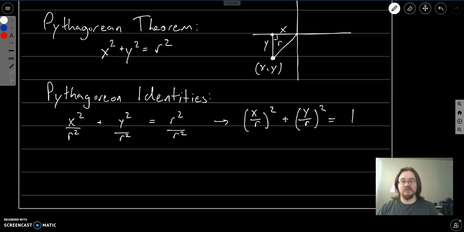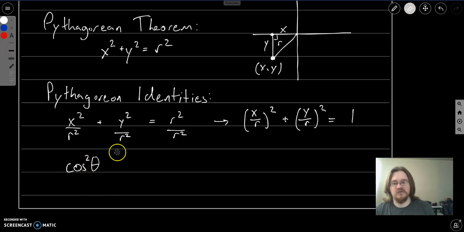And now things will start to fall into place, because x divided by r, that's the cosine, squared. And the way that we write the cosine squared, I'm going to put the squared right next to the cosine, rather than the cosine of the angle squared, it's the whole thing squared.